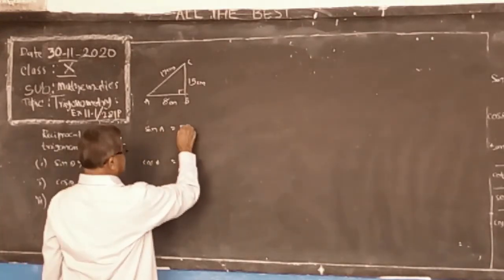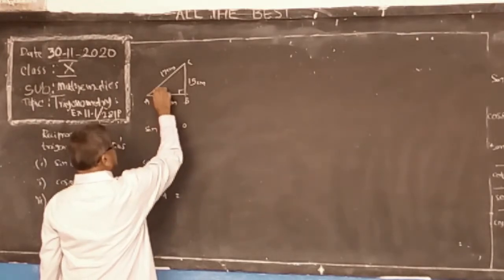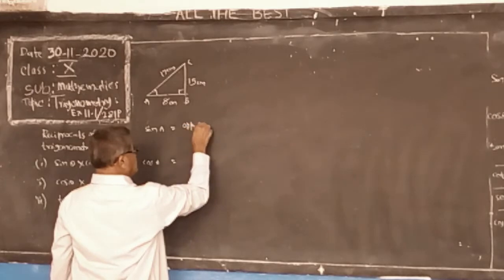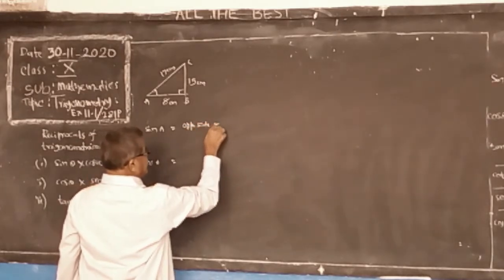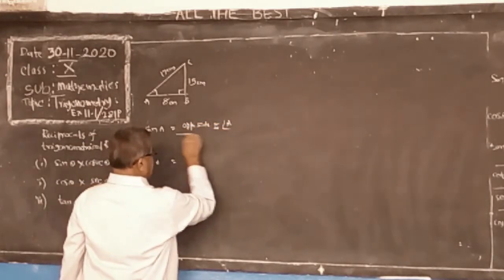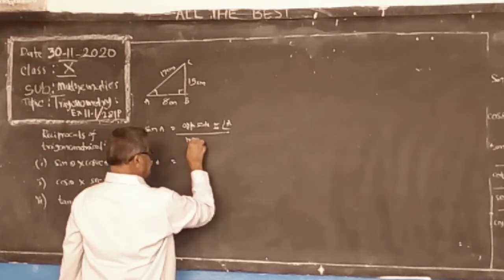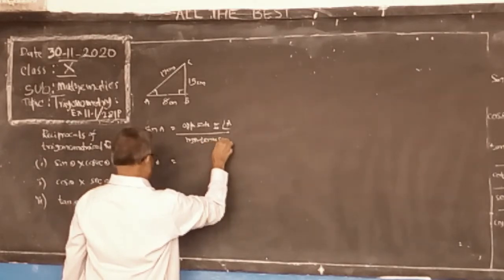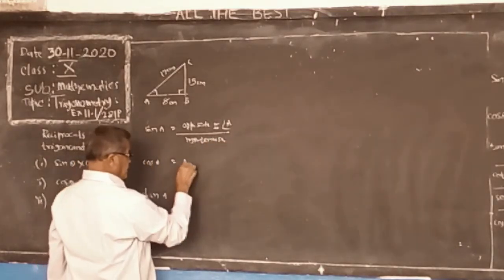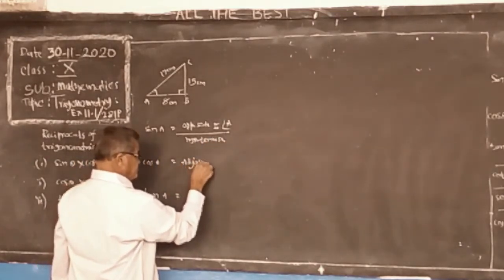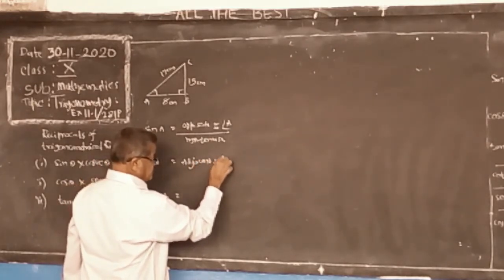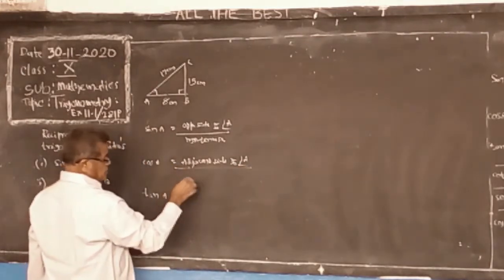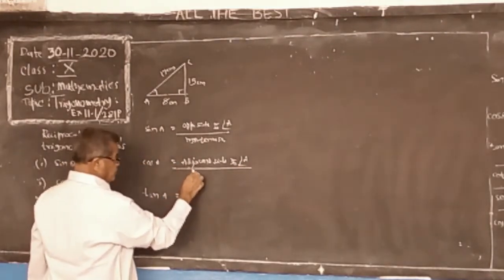Side A, we can write here A is here. Sin A is opposite side of angle A by hypotenuse. Cos A is adjacent side of angle A by hypotenuse.